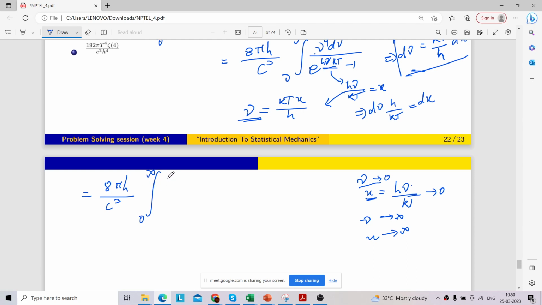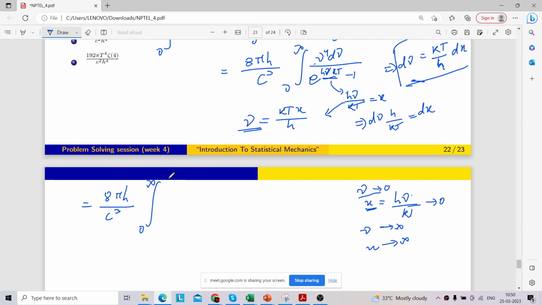Here we have nu to the power 4, where nu is kT x over h, so kT x over h to the power 4, and d nu is kT over h dx, and in the denominator we are taking the whole h nu over kT as x, so we have e to the power x minus 1.